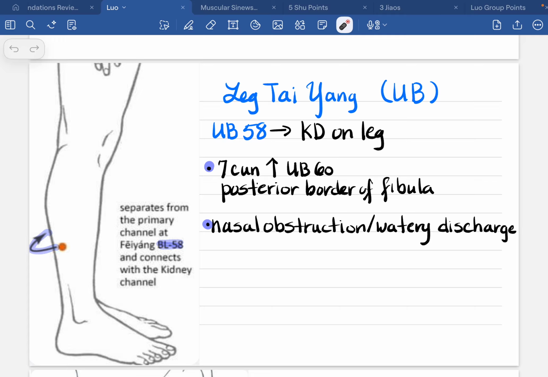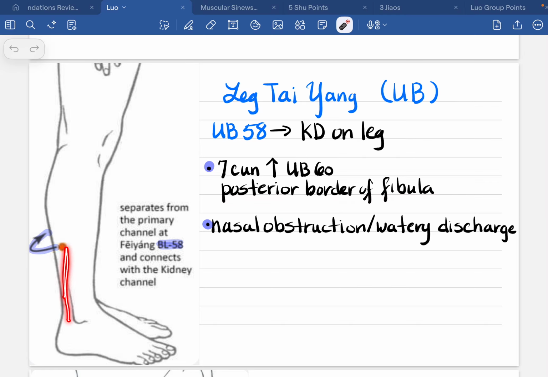The Luo point for the UB is UB58. This one travels to the kidney on the leg, okay? So UB58 is 7 soon up from UB60. We know that UB60 is actually parallel to the lateral malleolus, right? But we have to also remember it's posterior border of the fibula.